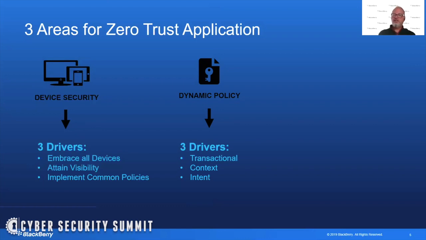My policies need to be based on a transactional security model where I'm examining everything that attempts to happen from a user on a device trying to access an application on this network to use this data. There's 5 or 6 different variables there that all represent a transaction. I need to evaluate that transaction on the basis of 2 things.